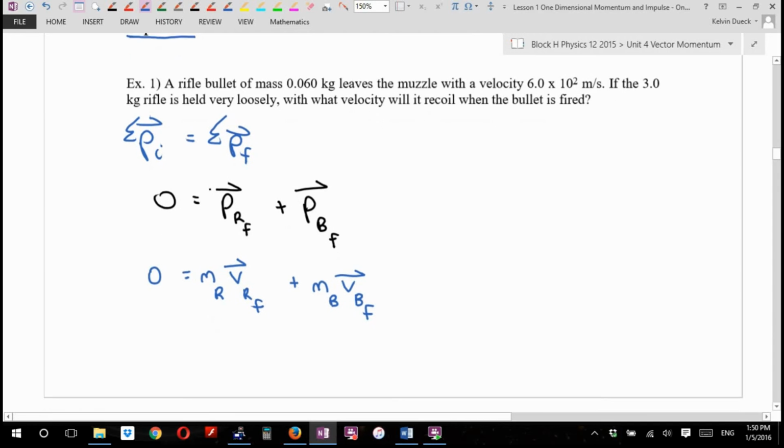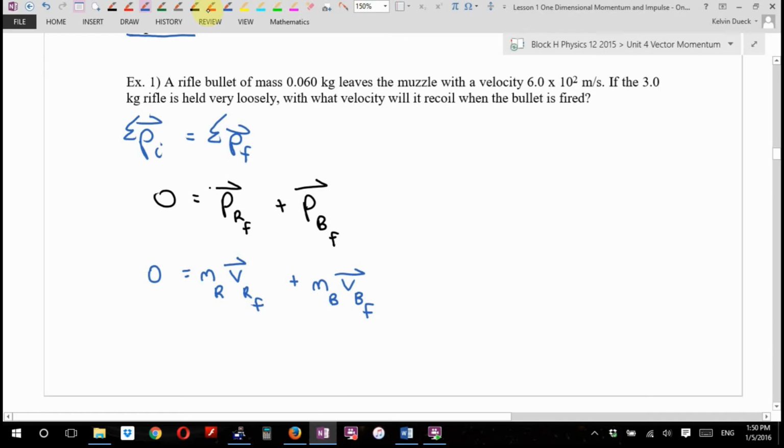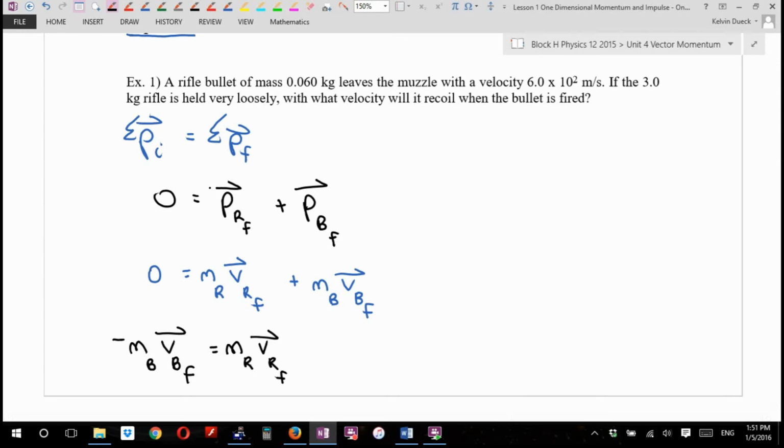I think my next step, I would go minus M_B V_B. I would move the bullet term over to the left-hand side where there was a 0. What did you say we're trying to find? The velocity of the rifle. How would I get the V_R by itself? Divide. Divide which mass? Because there's 2. M rifle. Rifle, yeah.